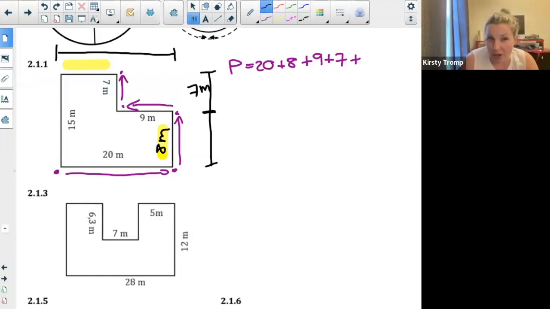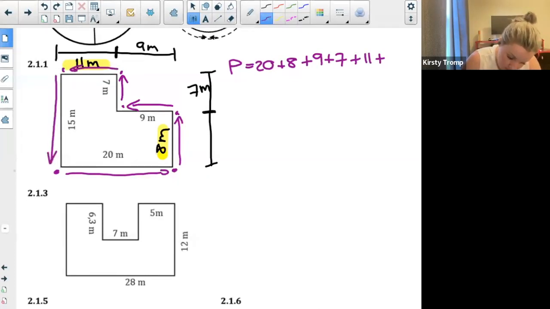How do we know that? Because it's on the bottom. So if the total is 20 and from there to there is 9, that means this must be left with 11. So 11 plus, and our final measurement is from that point to that point, and it's 15.